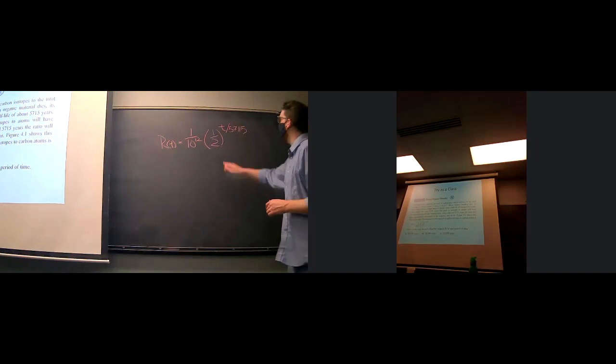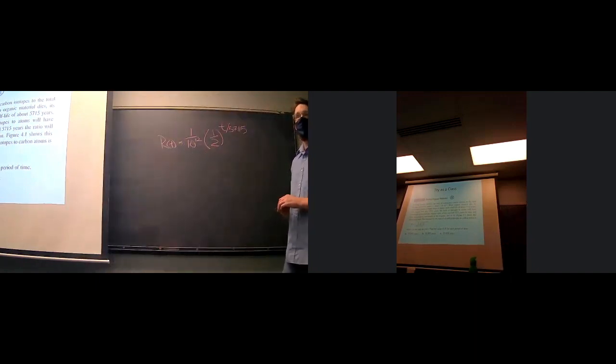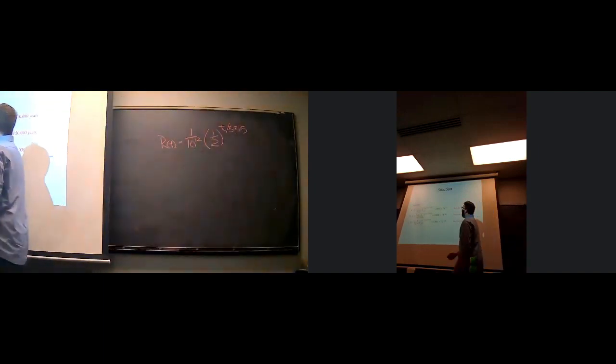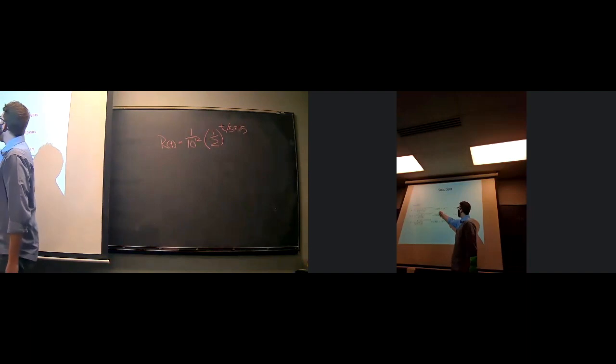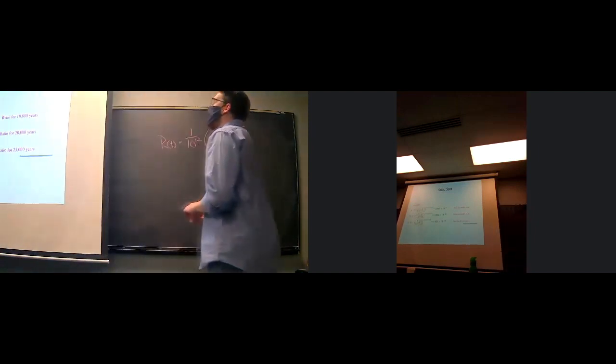And all we're going to do here is plug in each of these years for t and calculate what 1/2 is raised to that power, right? So looking at all of this, plugging in 10,000, we get approximately 2.973 times 10 to the negative 13.